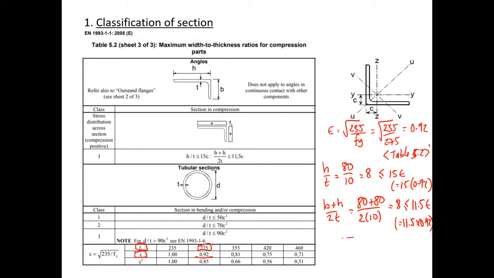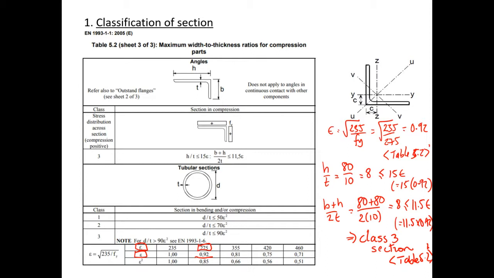So that implies that it's a class 3 section. That came from table 5.2. Okay, so we've defined it as a class 3 section. So that's step 1 done, classification of the section.